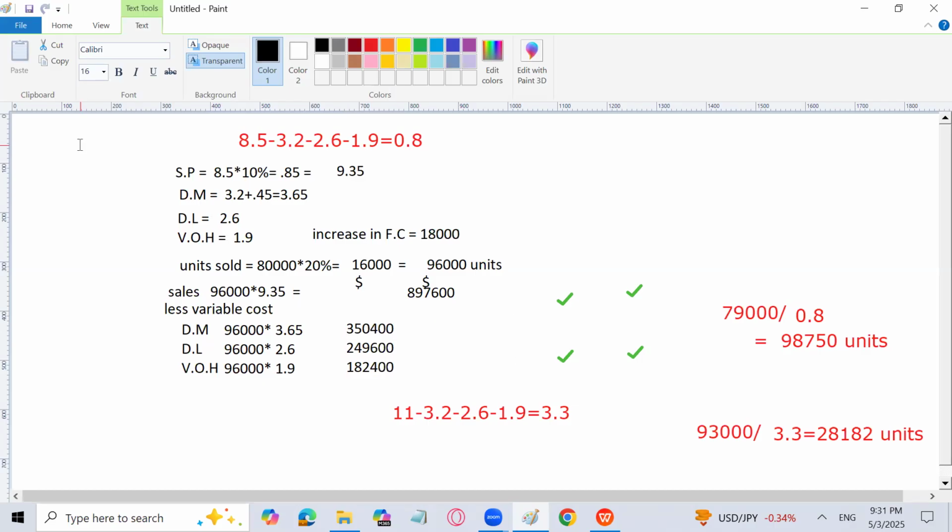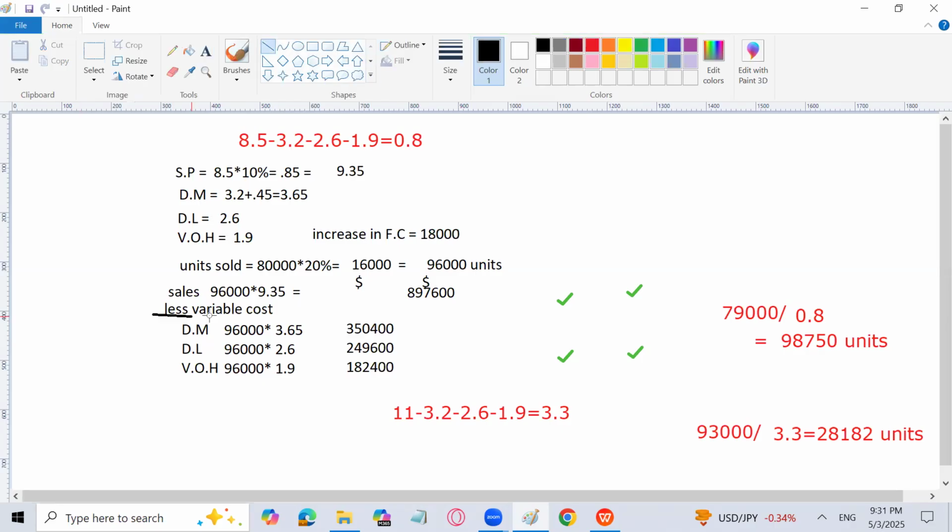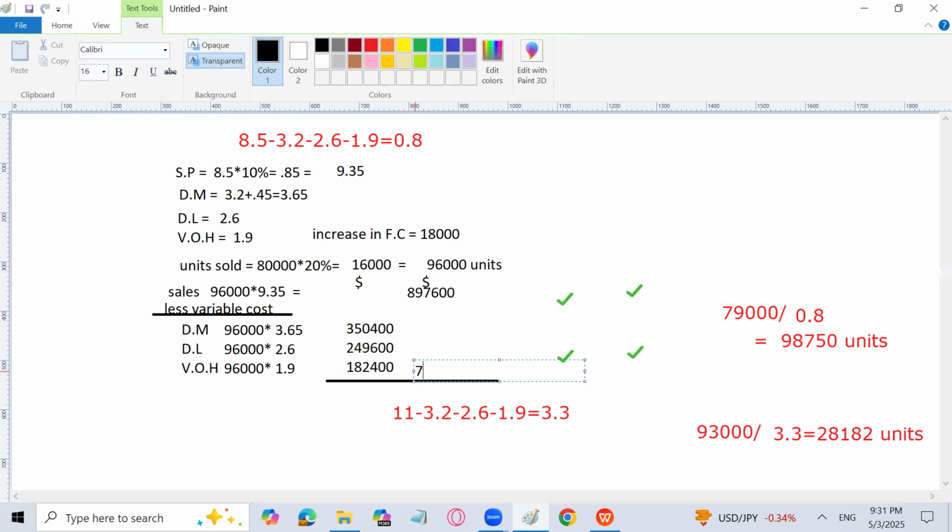Okay, let's add them up. Yes, there is no other variable cost. Otherwise, I would have taken that also. So let's total them up. 350400 plus 249600 and 182,400. That is 782,400. So the total is going to be 782,400. Please recheck. इसको check कर लेना साथ, क्योंकि मेरी calculation गलत हो सकती है.